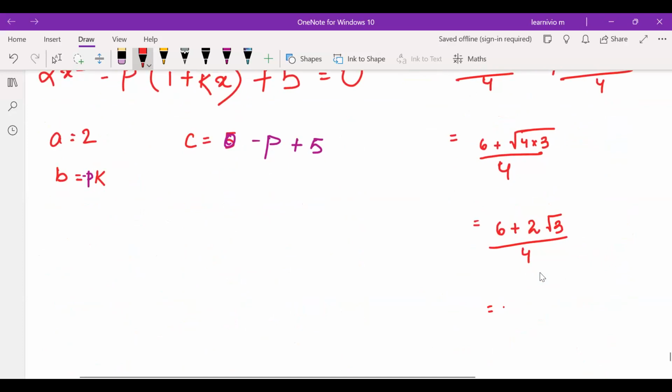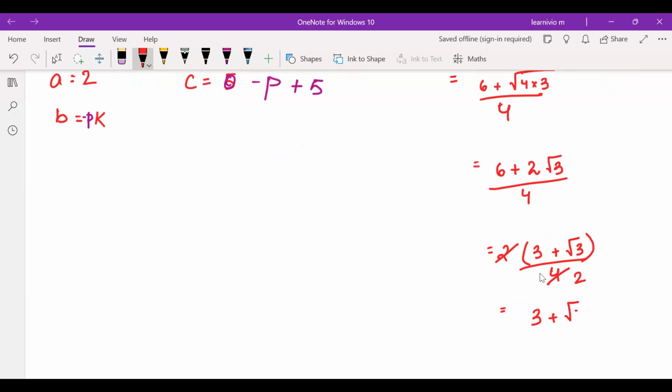Now we take 2 as a common factor, and the remaining will be 2 times 3 plus root 3, and 4 becomes 2 by dividing by 2. So it becomes 3 plus root 3 by 2. Similarly, the other one becomes 3 minus root 3 by 2. Exactly. Any confusions? No, there is no confusion.